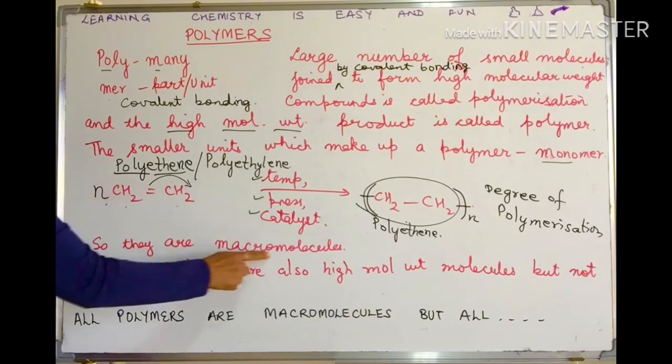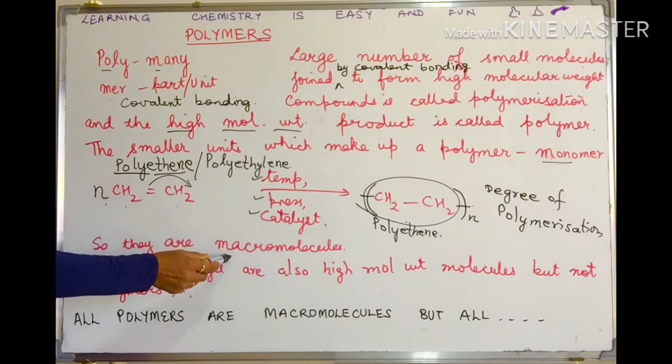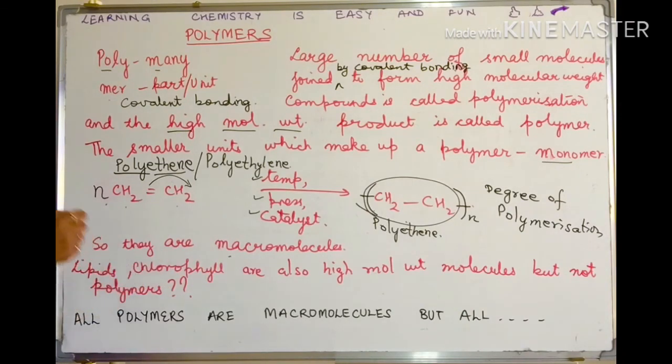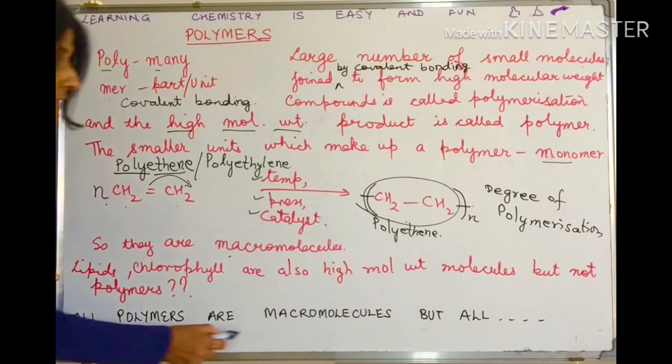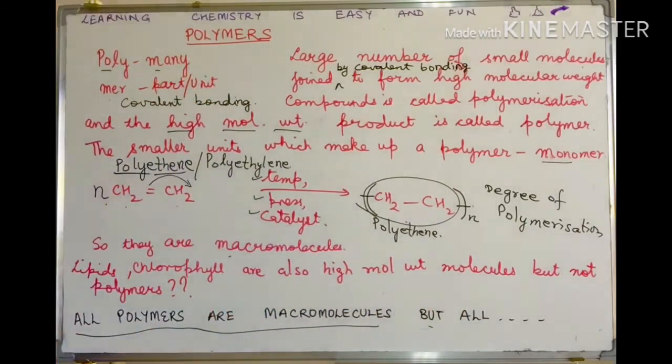This property is missing in the case of macromolecules. Can you find some more examples of macromolecules which are not polymers? So we say all polymers are macromolecules, but can you complete this sentence for me? All macromolecules are not polymers.